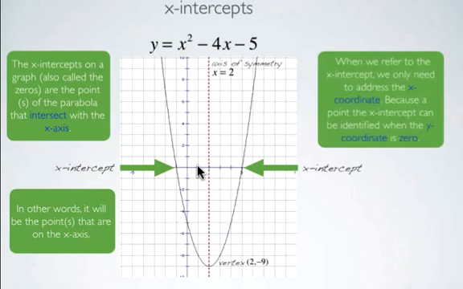When we refer to the x-intercept, we only need to address the x-coordinate because the point, the x-intercept, can be identified when the y-coordinate is 0. So here, the x-intercept is at negative 1.